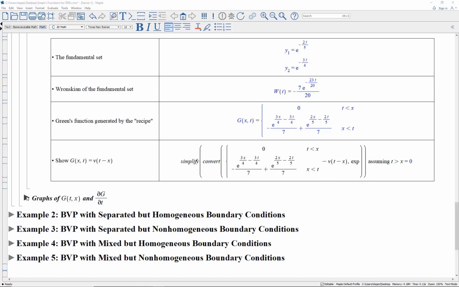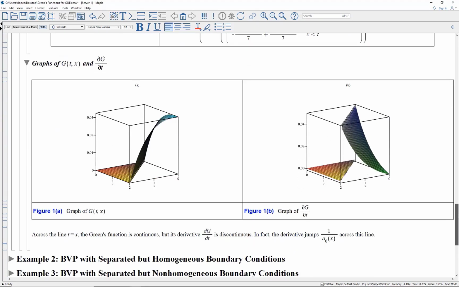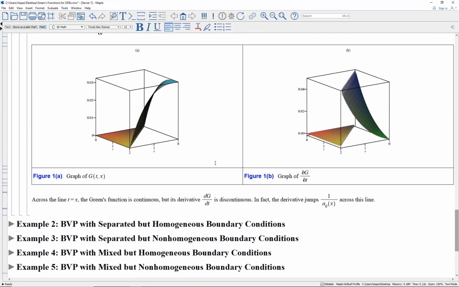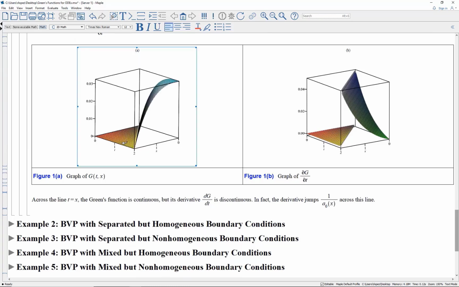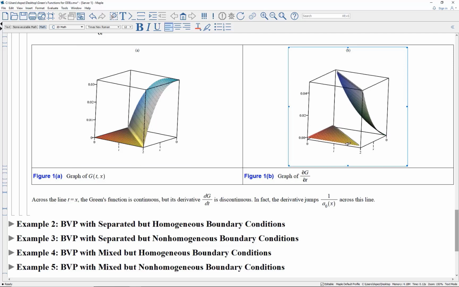Now I'm going to graph g of x and t and the partial derivative with respect to t. Two graphs. And they will show important properties of the Green's function. This is the graph of g. It is a continuous function, but it is not differentiable across the line x equals t. And here is the graph of the derivative.